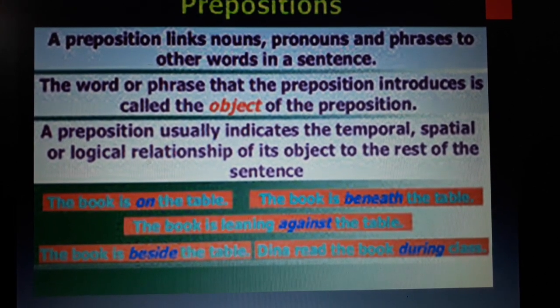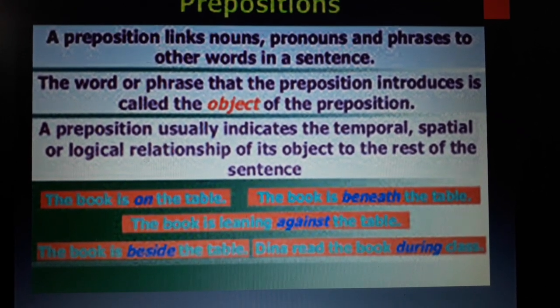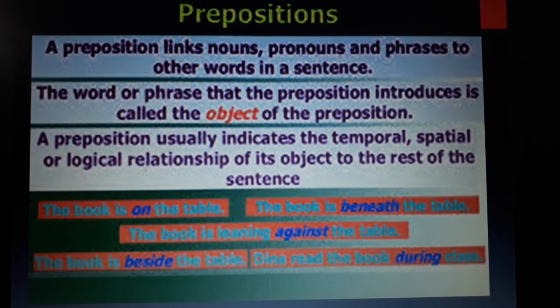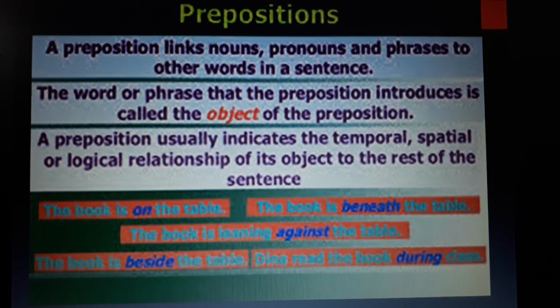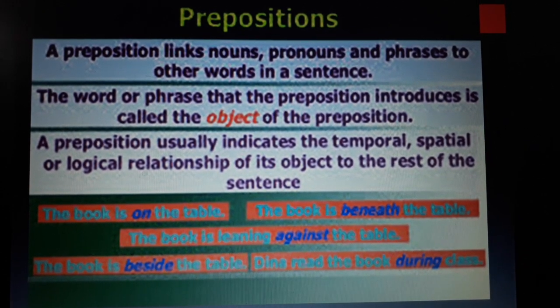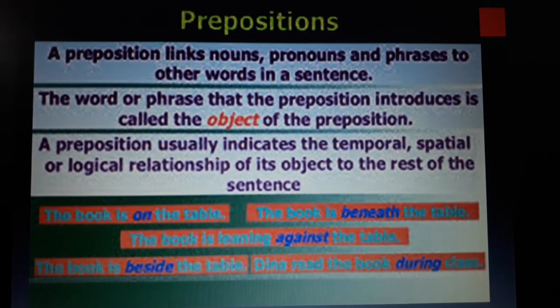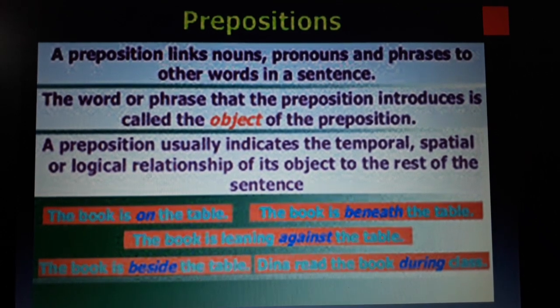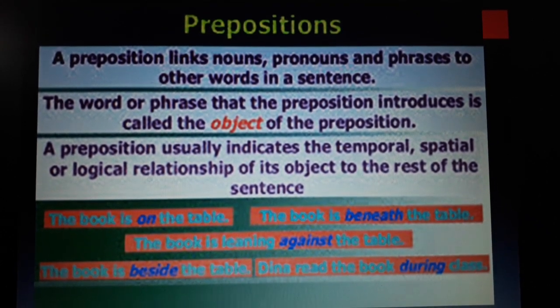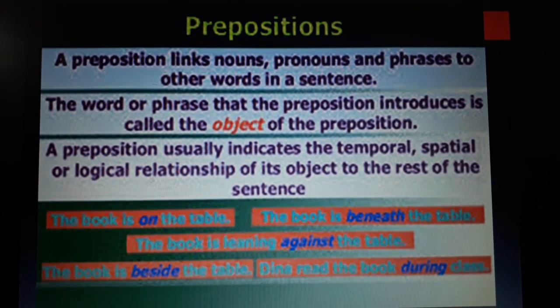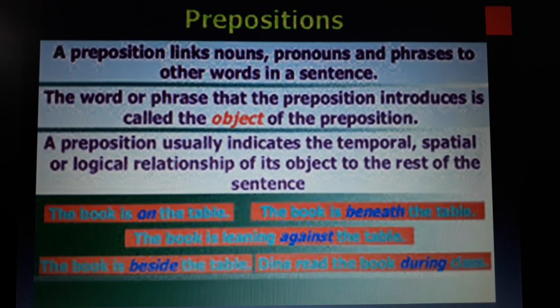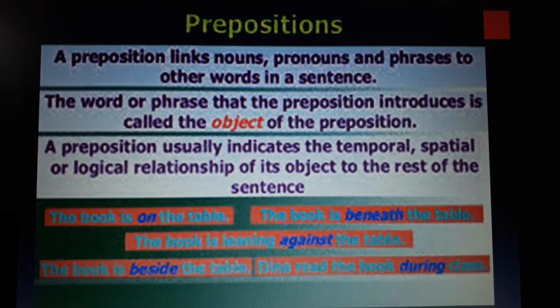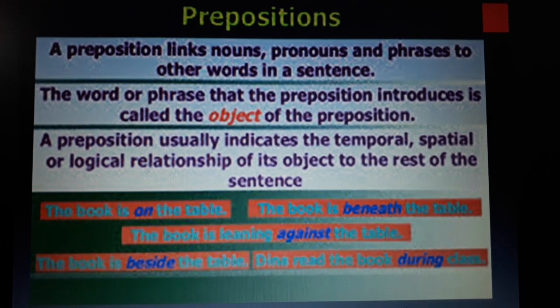Like the book is on the table. How is the book connected with the table? We can easily understand that the book is kept on the table and therefore the word on introduces the object book and shows a relationship or connection with one object, book, with the other object, table.